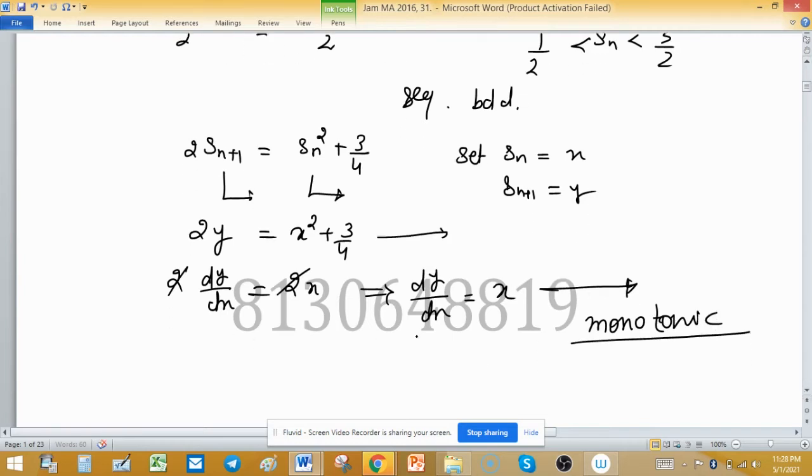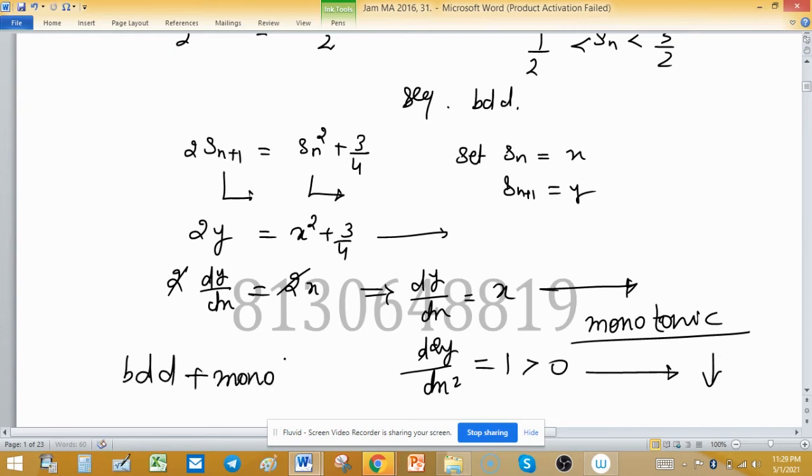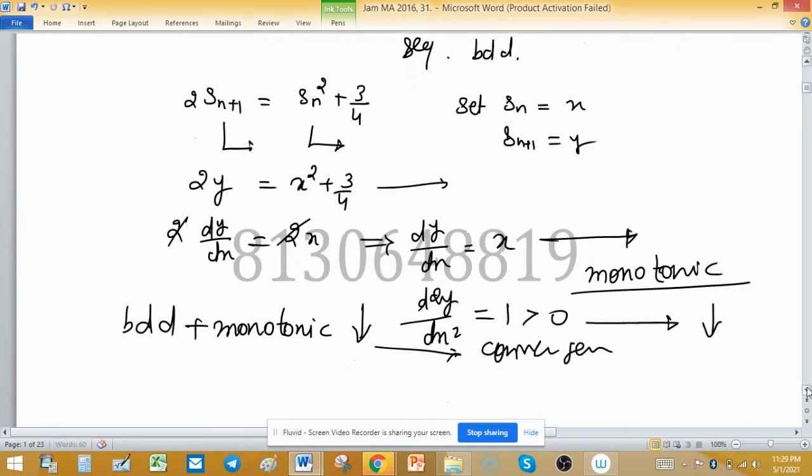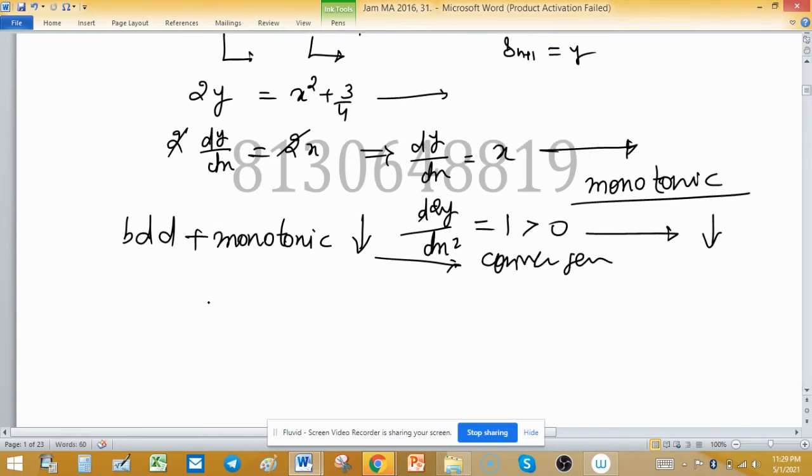And d2y upon dx square is equal to 1, means greater than 0. This is saying that it is positive, so decreasing, means bounded and decreasing, monotonic. A bounded plus monotonic decreasing sequence will be convergent. If the sequence is convergent, then find the limit of the sequence.